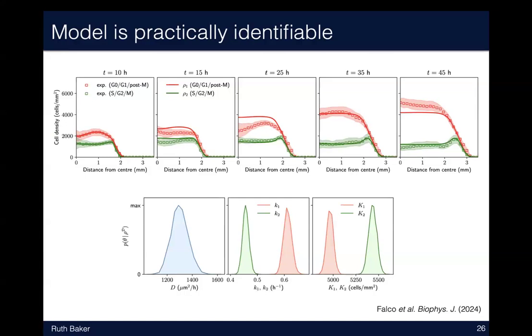But the real take-home message, I think, comes from looking at capital K1 and capital K2. The fact that K1 is smaller than K2 means that the crowding-based, or mechanical, checkpoint from going from G1 into SG2M is stronger.